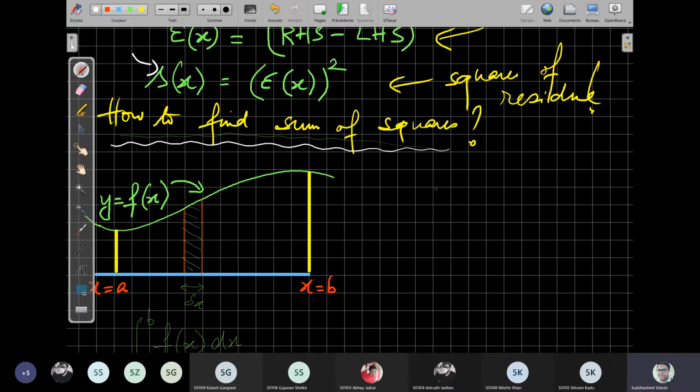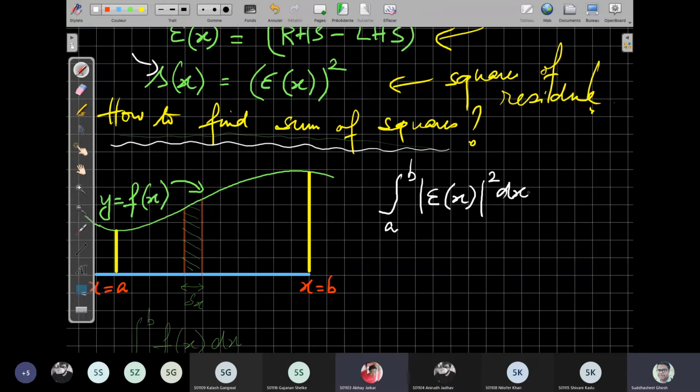In the same way, I will say the integration from a to b of this. Will it be like that or not?